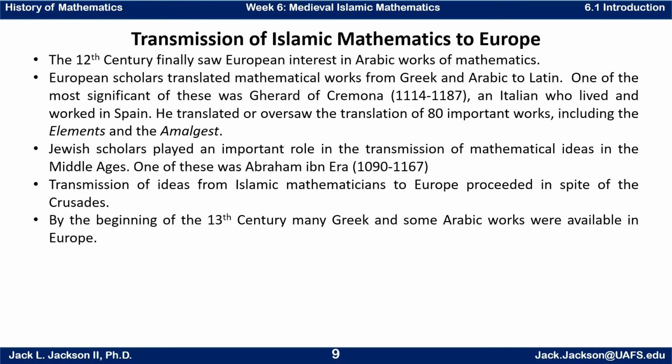Jewish scholars played an important role in the transmission of mathematical ideas in the Middle Ages, particularly in Spain. And in fact, some works were first translated from Arabic to Hebrew, and then maybe from Hebrew to Spanish by a Jewish scholar, and then maybe a Christian scholar might translate it from Spanish into Latin.